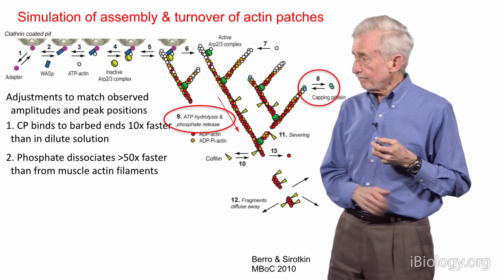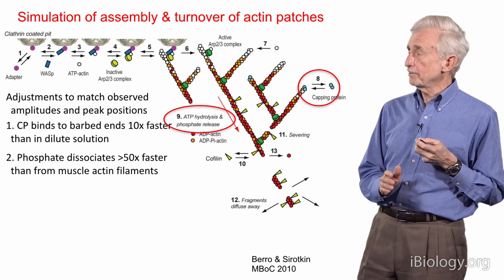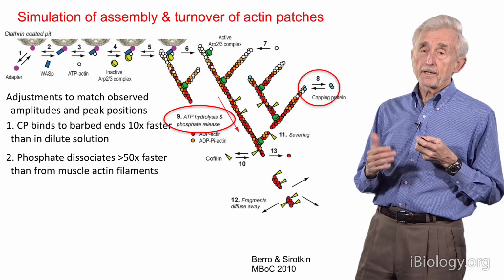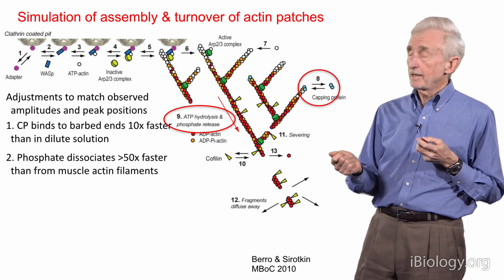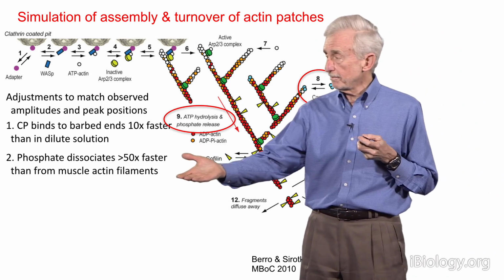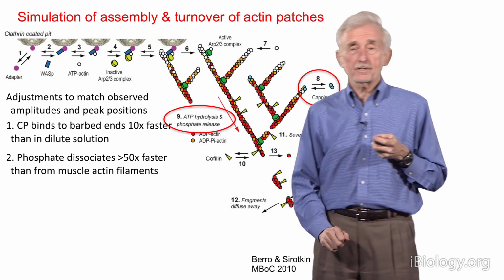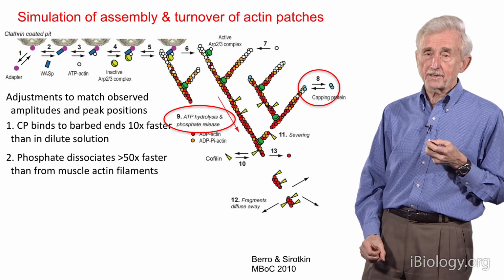Second, to get the simulations to work, we had to assume that the ATP is hydrolyzed and the phosphate dissociates 50 times faster inside the cell than it did in our prior experiments, which were done with muscle actin. Now, muscle actin is a very good substitute for cytoplasmic actin for many things, but not for this.